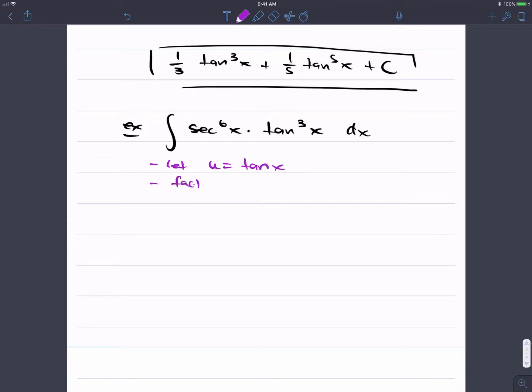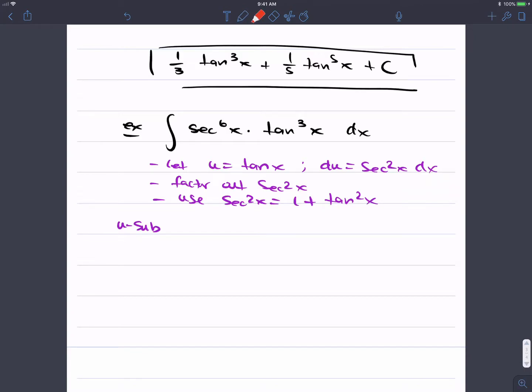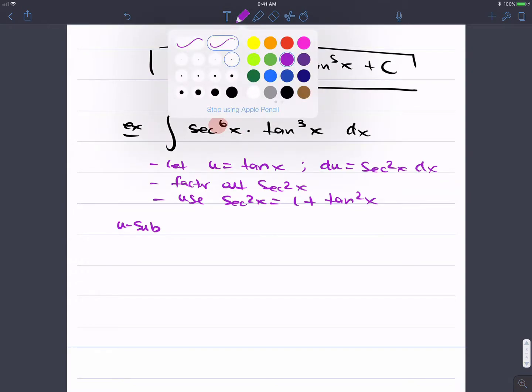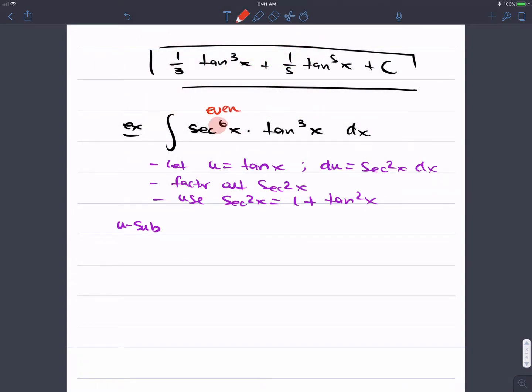We're going to factor out a secant squared term, and we're going to use the Pythagorean identity that secant squared is 1 plus tangent squared. And yes, if u was tangent, du would be secant squared x dx. This is all I need to do my u substitution here. Notice again, even power for secant.